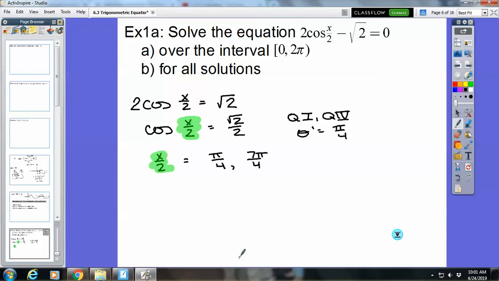Okay, now if I'm trying to solve for x, what do we have to do? Multiply everything by 2. So x equals pi over 4 times 2, which would be pi over 2, and 7 pi over 2.